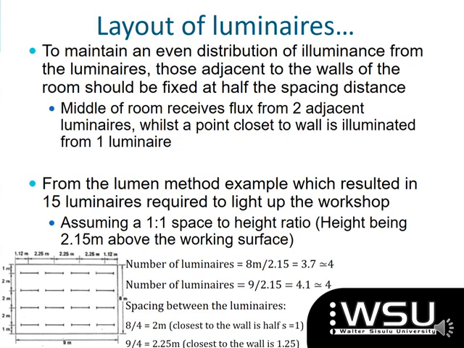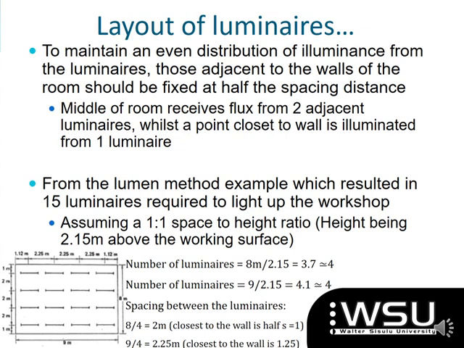And if we are assuming for this example a spacing-to-height ratio of 1-to-1, it means that with my number of luminaires, I must now calculate on either side of the room. Remember, I had an 8 by 9. So on the side that is 8 meters, if I divide it by my height, which is the 2.5, you can see I get about 3.7.